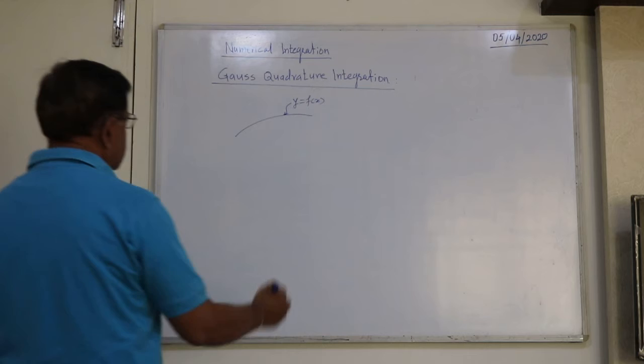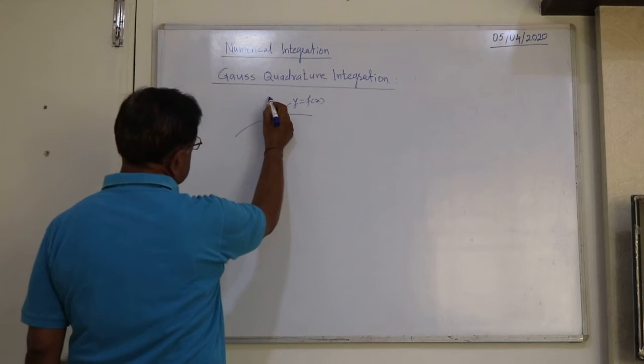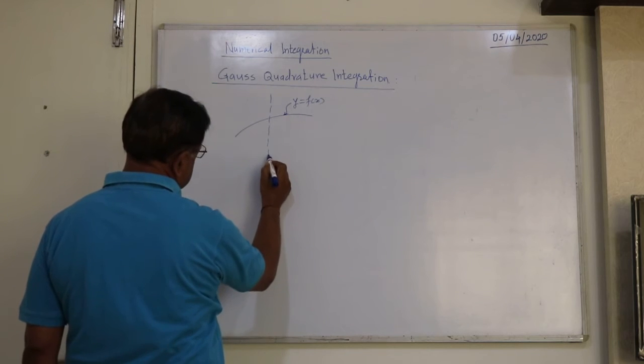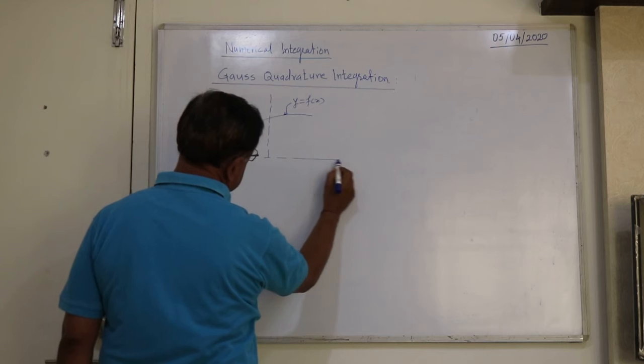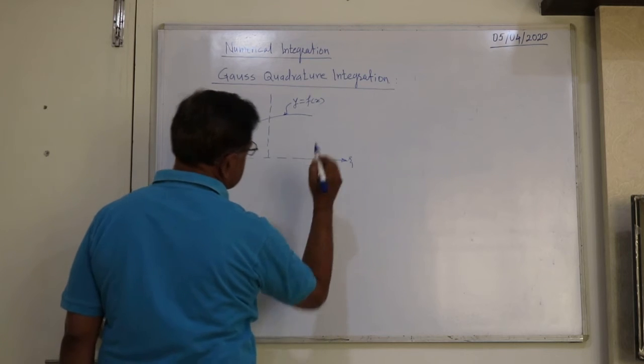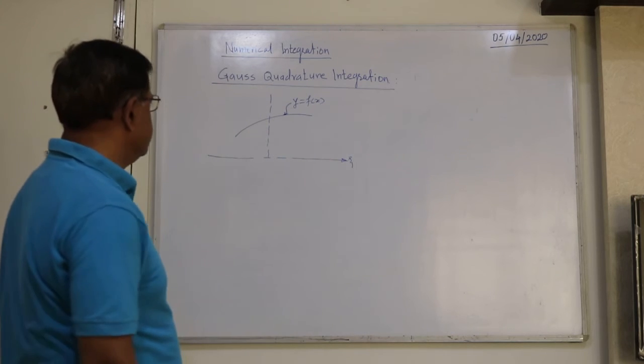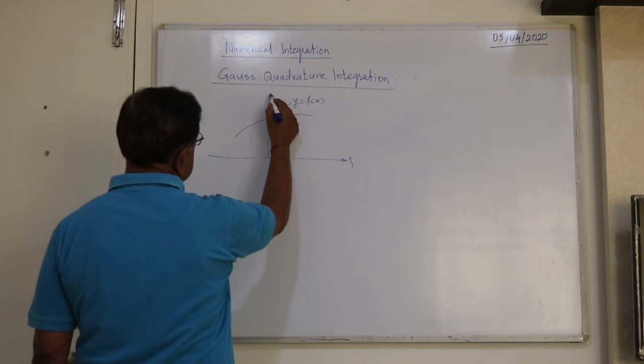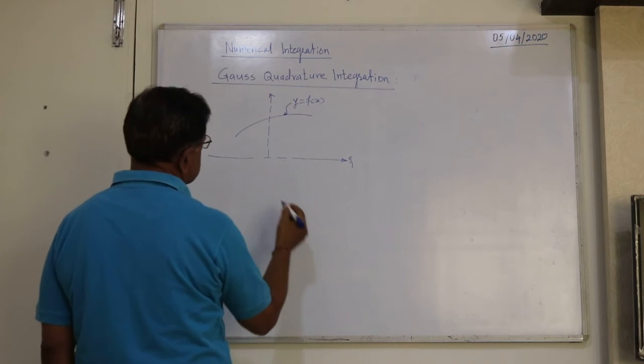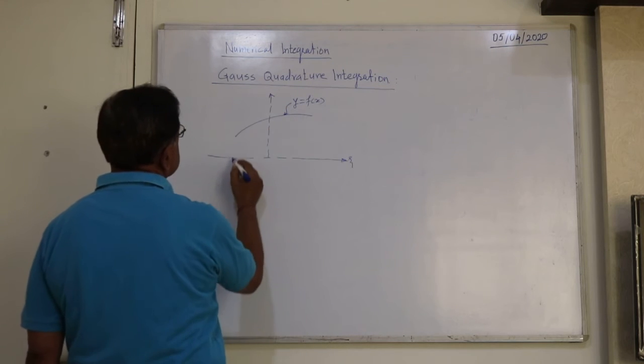Now in the Gauss quadrature formula, generally at the center we take the vertical axis, and this is the natural coordinate system xi, and this is xi or x is taken, y or eta is taken in this way.